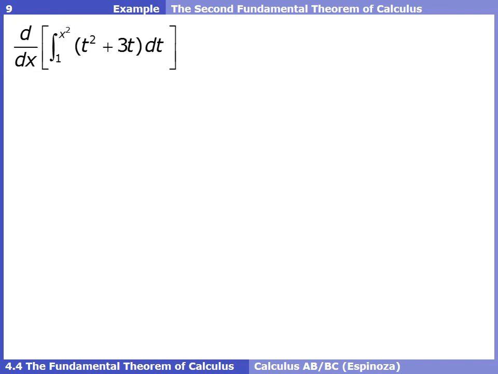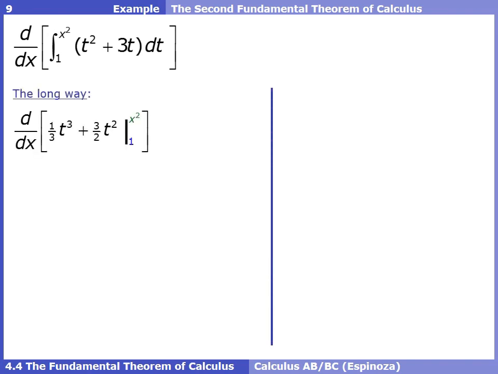When we realize those all to be true, we know that we can apply the second fundamental theorem of calculus. But like I said at the beginning, we're going to do this one the long way, just to appreciate why using the second fundamental theorem is definitely a much quicker, direct path to the answer. So we're going to forget about the derivative in the front of these brackets here and just focus on the inside, and that is to take that integral.